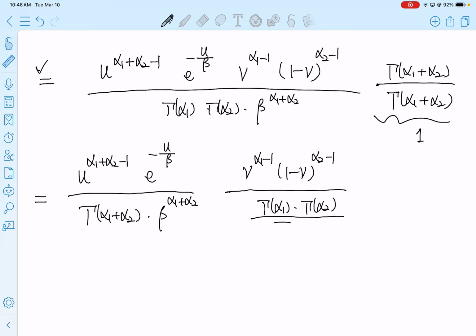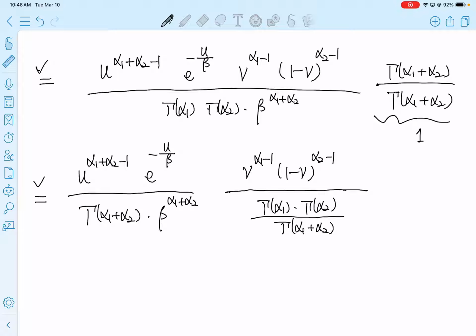Let's divide it by the numerator. Here, if you divide by a fraction, the numerator will go to the denominator and the denominator will go to the numerator. So I'm just replacing this numerator into the denominator of the denominator, and this denominator is just directly plugged in here. Again, the equal sign still holds.